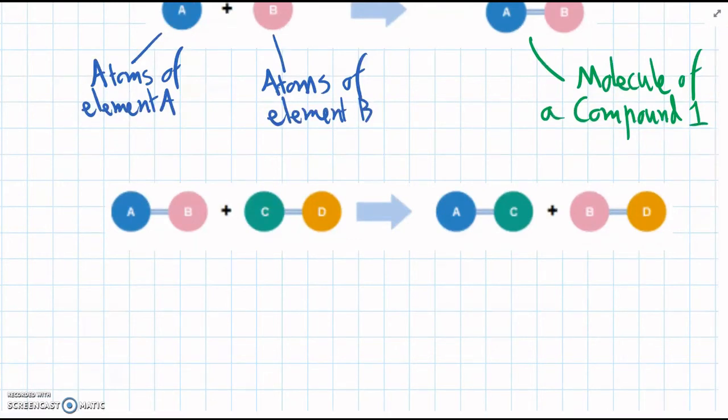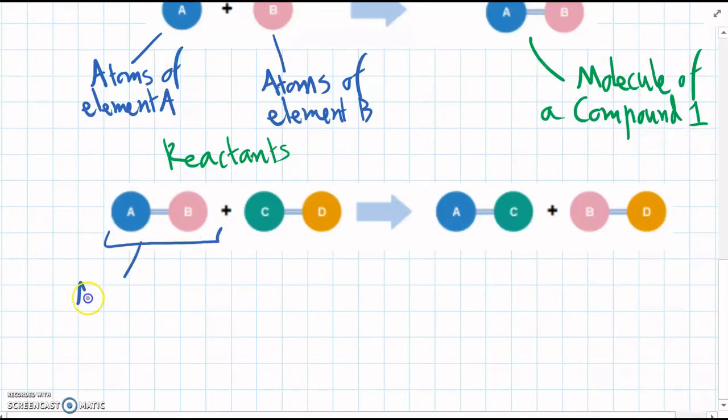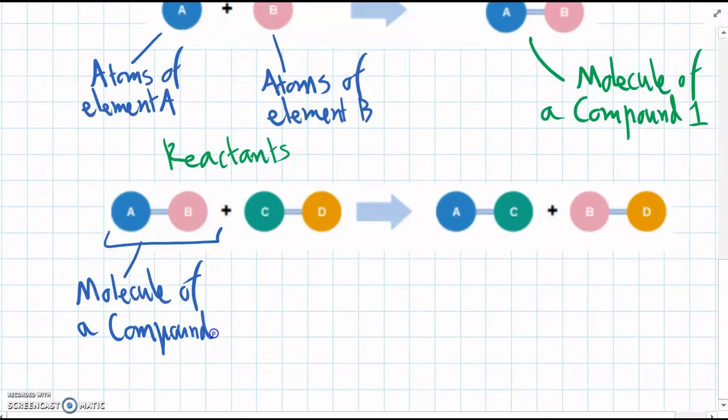So in number 2 here, in our reactants, we can see we're starting with a molecule here. And we've got an A and a B atom, which are different. So we've got a compound. Actually, this is compound 1 from earlier.